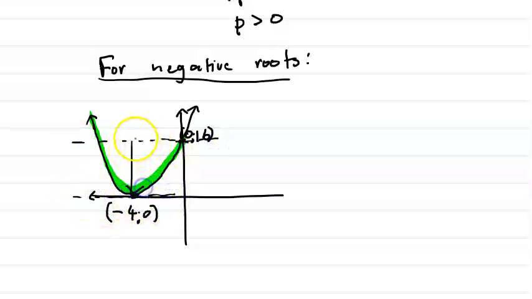Therefore, for negative roots, p must be between y equals 0 and y equals 16. So now we can conclude the following: p must be greater than 0 and less than 16 for negative unequal roots.